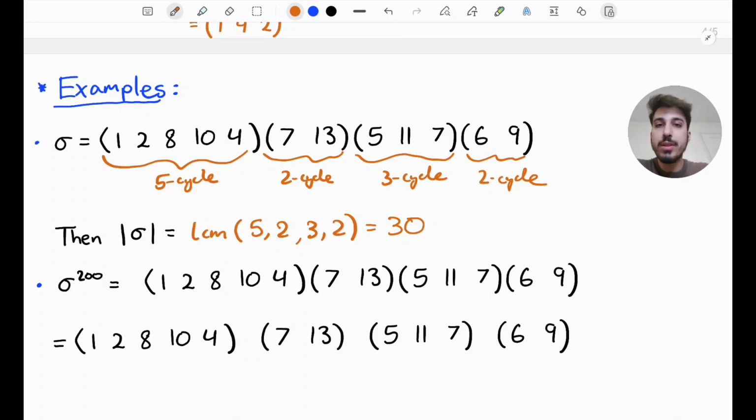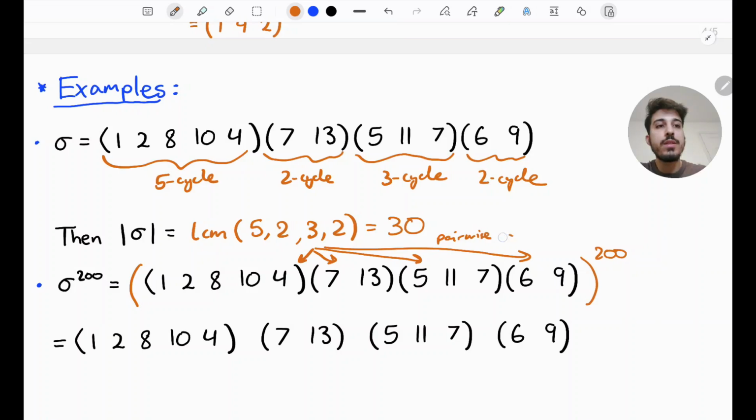So sigma to the 200 is equal to all of that to the 200 by definition of sigma. I just replaced the definition of sigma in my formula. And now because it's disjoint cycles, these are all pairwise disjoint.